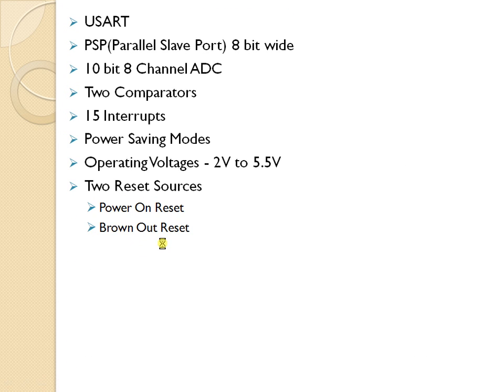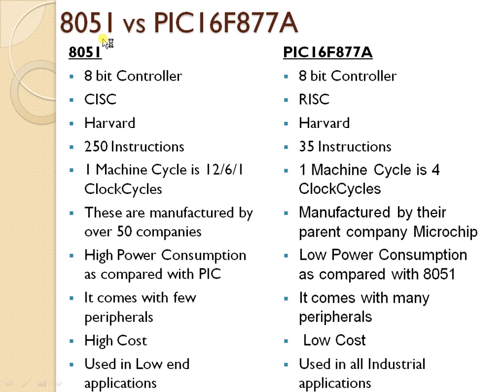Let us compare the basic 8051 microcontroller with the PIC 16F877A series. If you are aware of the 8051, then you will come to know why we are discussing this differentiation. Both of them are 8-bit controllers, but 8051 is based on CISC architecture, whereas PIC is based on RISC architecture.